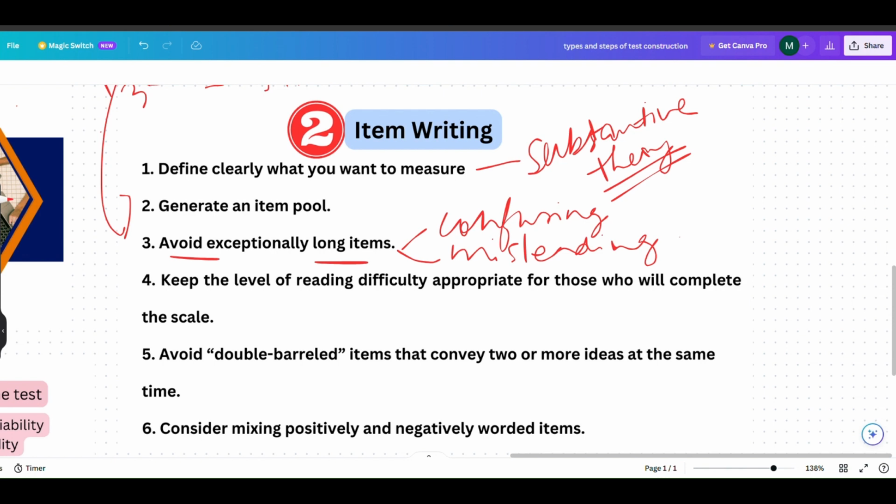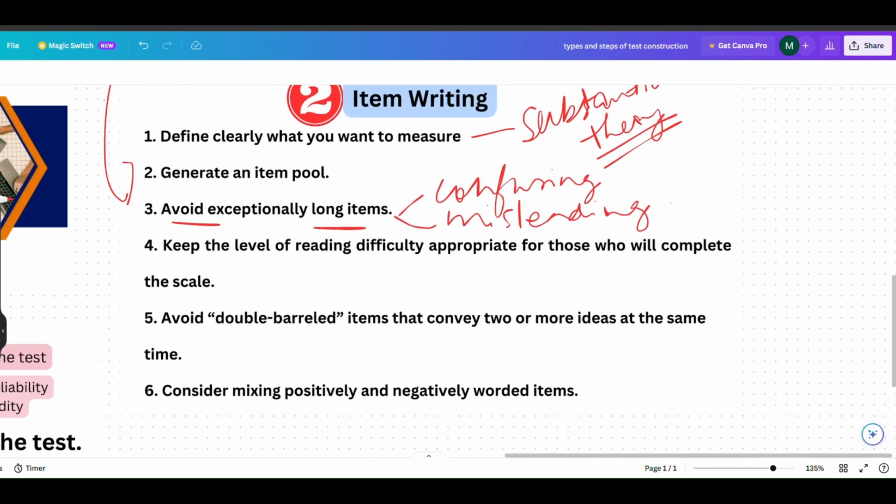So when that sentence has 2 meanings, the person might not be able to understand. Suppose the person is a Democrat and they know that they do not support social programs, so they do not know whether to disagree or agree with this statement. So we need to keep away items which convey 2 or more ideas.